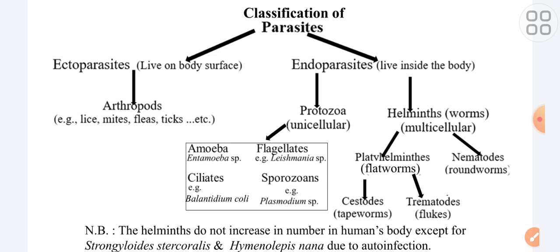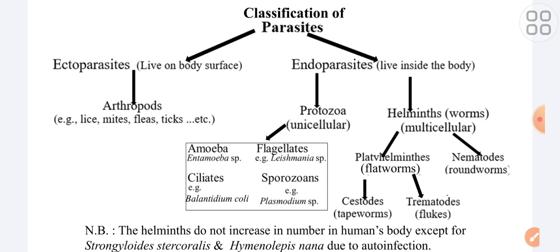These are the parasites that live outside the body, that is, on the body surface. These are the arthropods. On the right side, the endoparasites, living inside the body. And these are the protozoa and helminths.